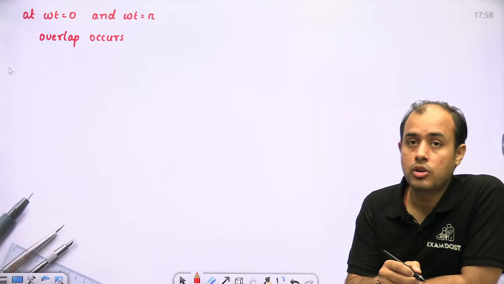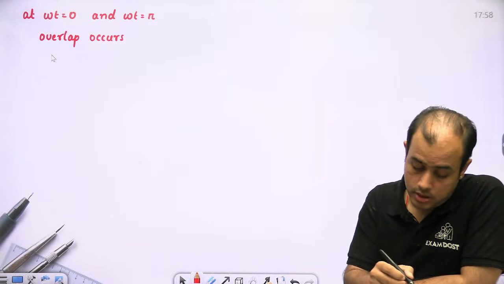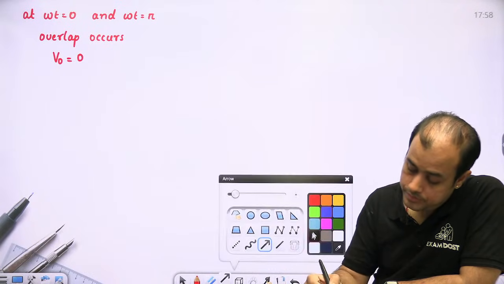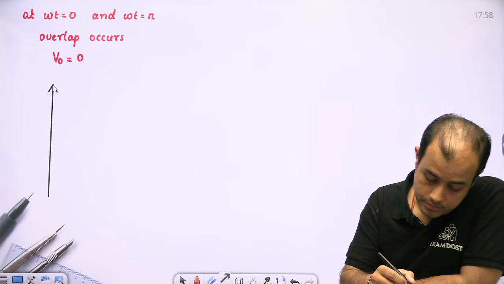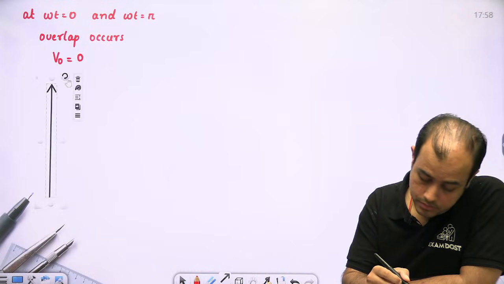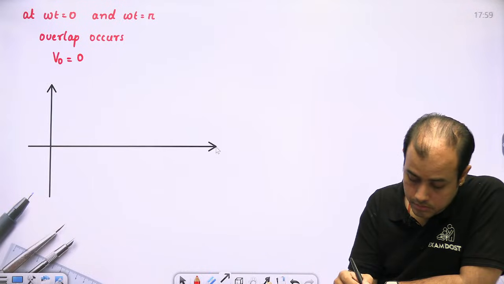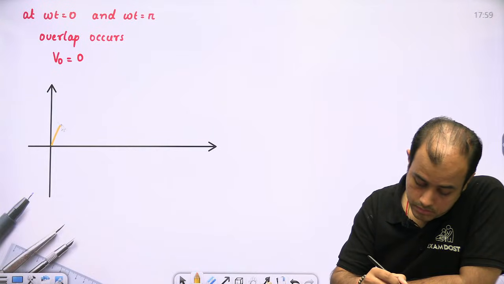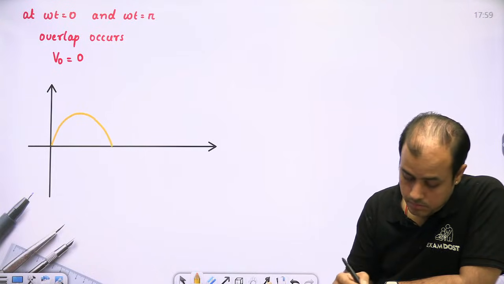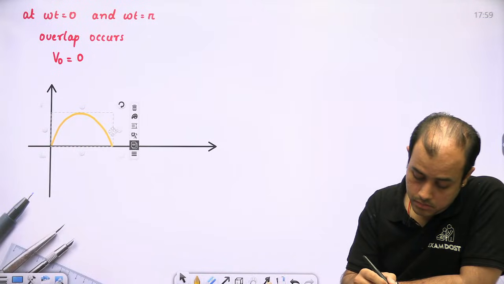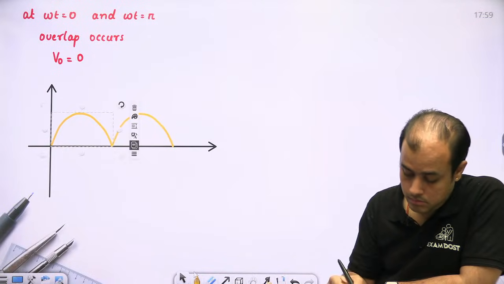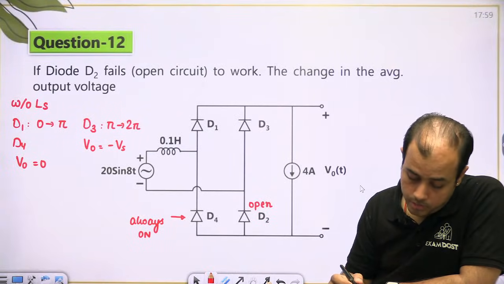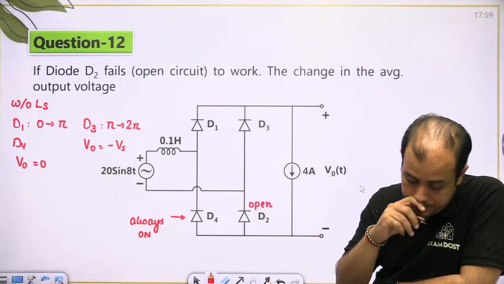Overlap occurs. Okay. So now during overlap, V0 will be 0. Now 0 to mu, V0 will be 0.